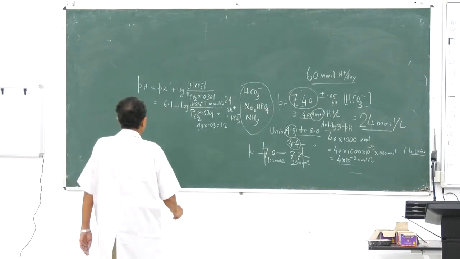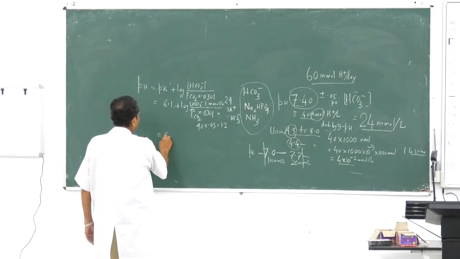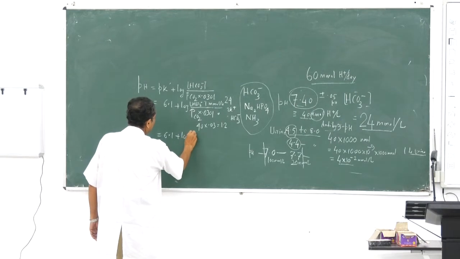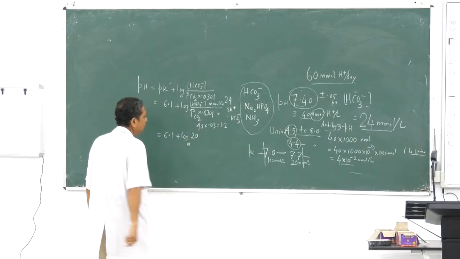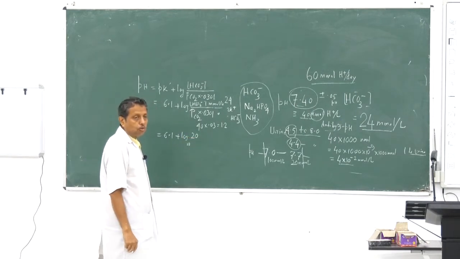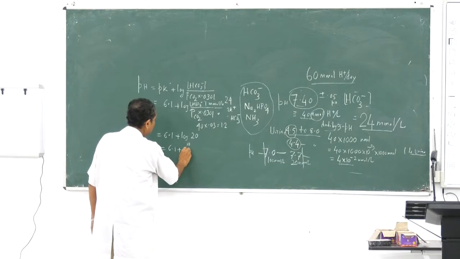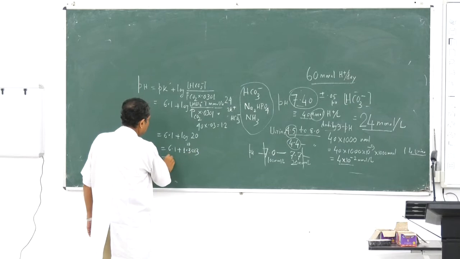So it becomes 6.1 plus log to the base 10 of 20, which is 6.1 plus 1.301, roughly 7.4.